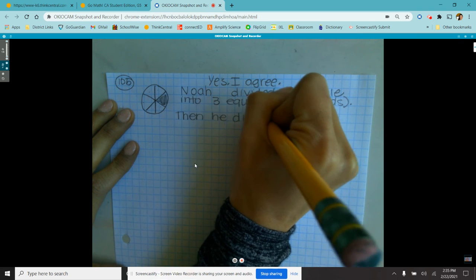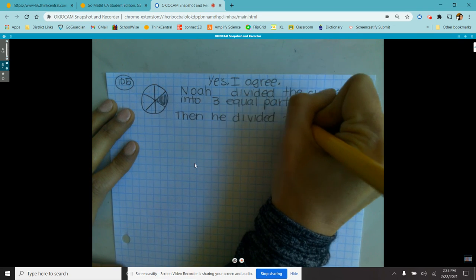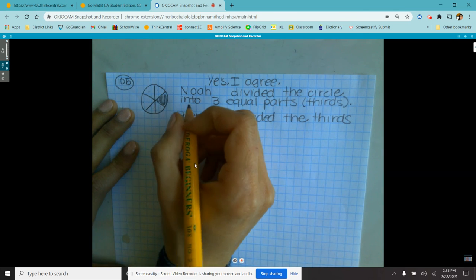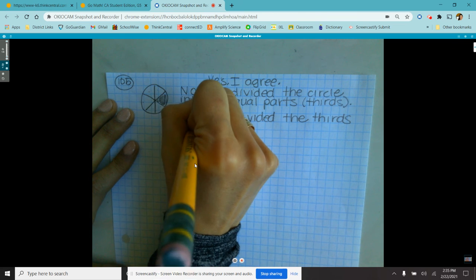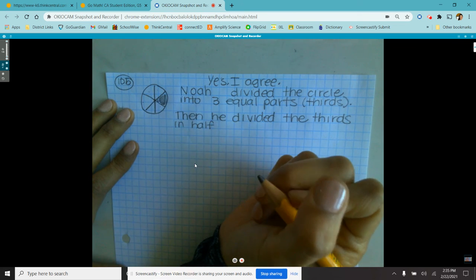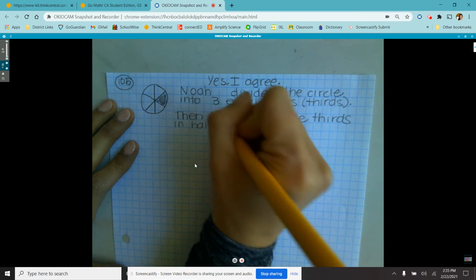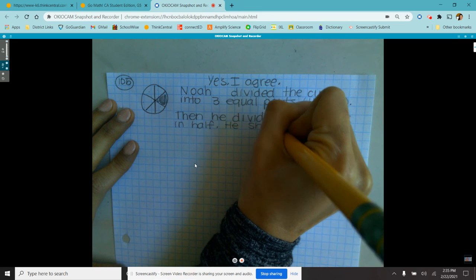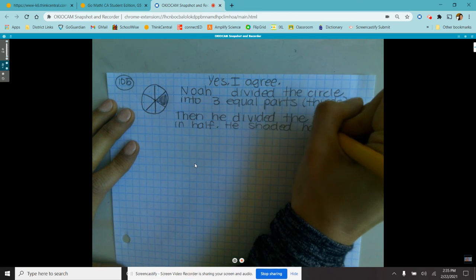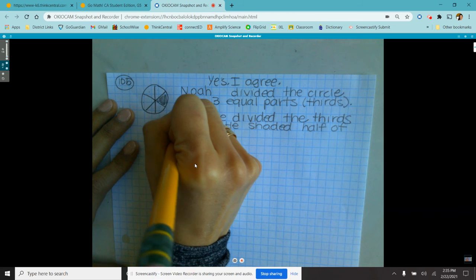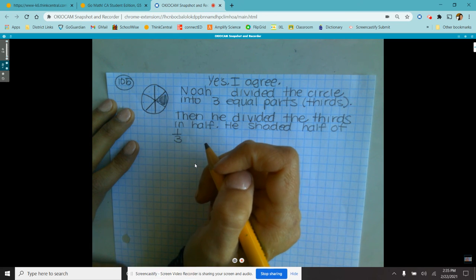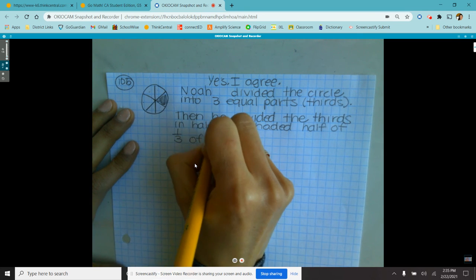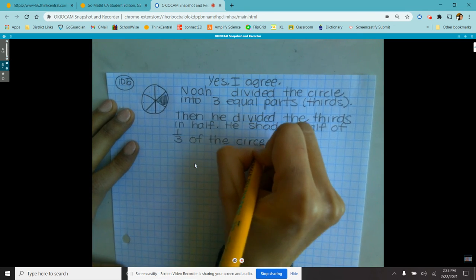Then he divided and shaded half of 1/3 of the circle.